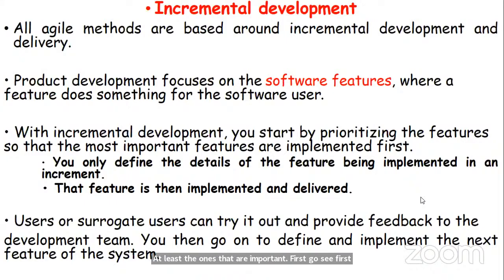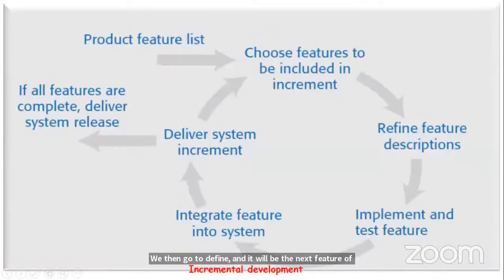You only define the details of the features being implemented in an increment. That feature is then implemented and delivered to the users as quickly as possible. Users or surrogate users can try it out in testing and provide feedback to the development team. We then go on to define and implement the next feature of the system to be delivered to the user.